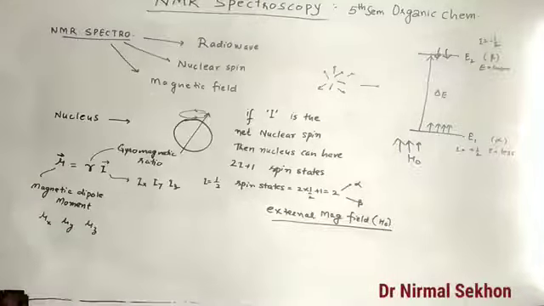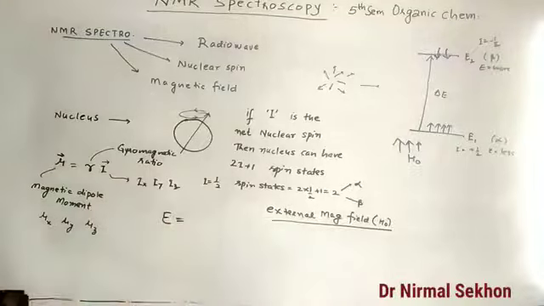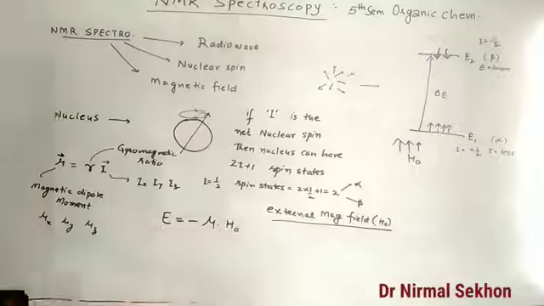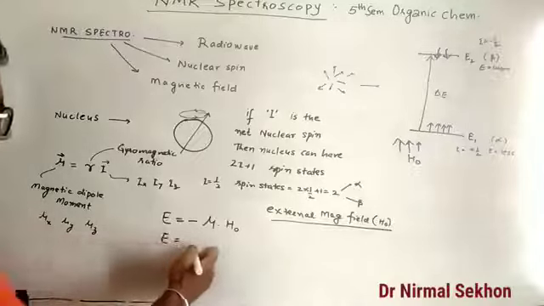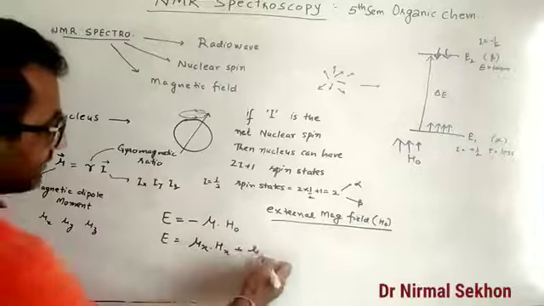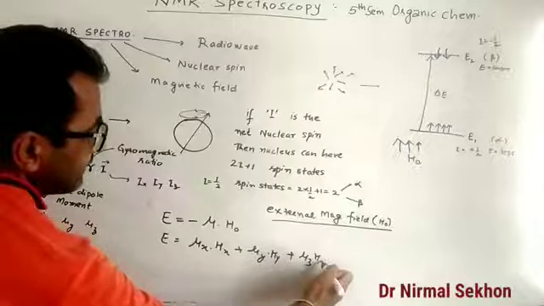Then the energy of interaction E is written as minus mu dot H0. This is a dot product. So along the various axes, we can write it as mu x Hx plus mu y Hy plus mu z Hz.